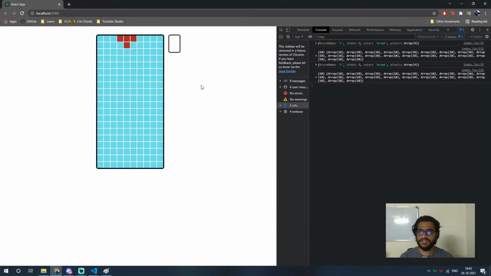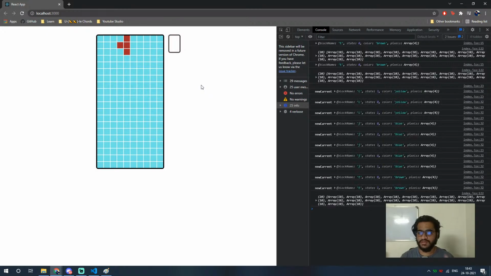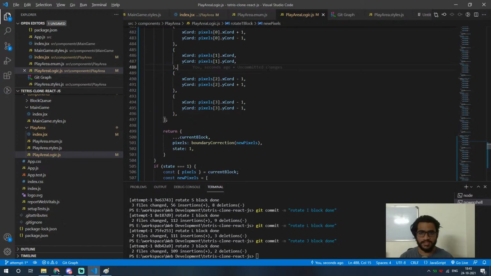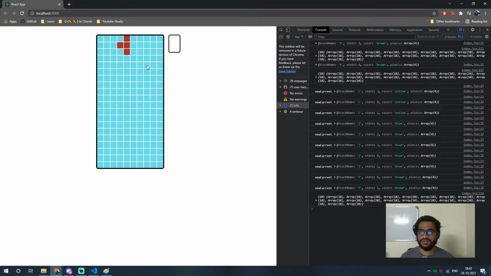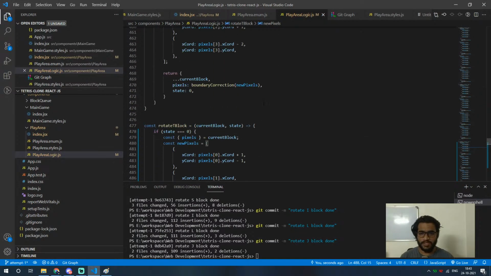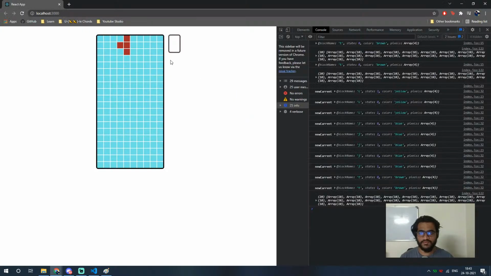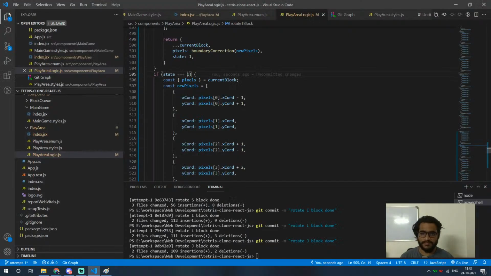Let's just check the first rotation. Okay with the first rotation. So second rotation would be this. The second rotation, that is from state 1 to state 2, would consist plus 1x plus 1y, plus 1x plus 1y.